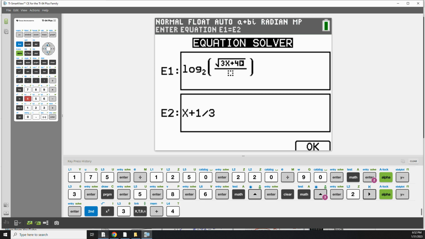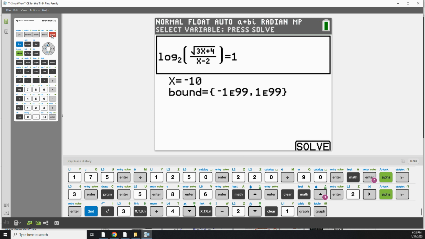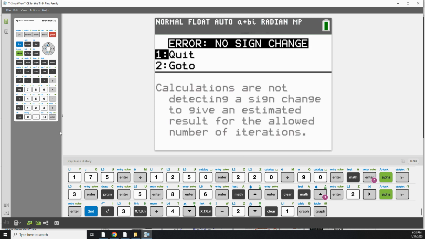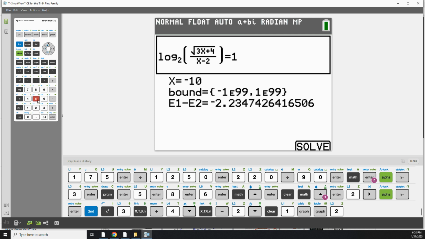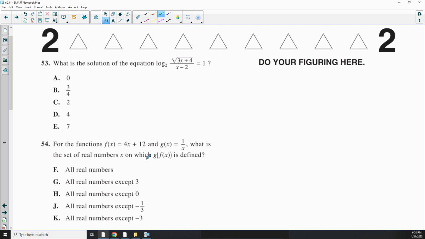So it'd be 3x plus 4 over x minus 2 is 1. And I will go, okay, alpha solve, error. So you go to it and you put a positive number in there. That's probably the problem. You could also put one of the answers in there, and the answer is 4 for the x. D.